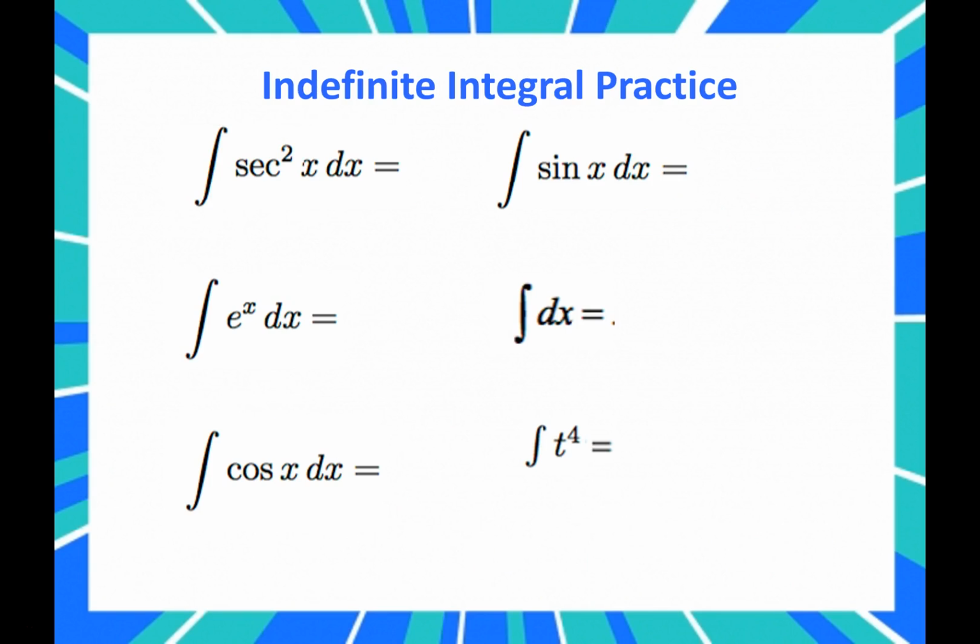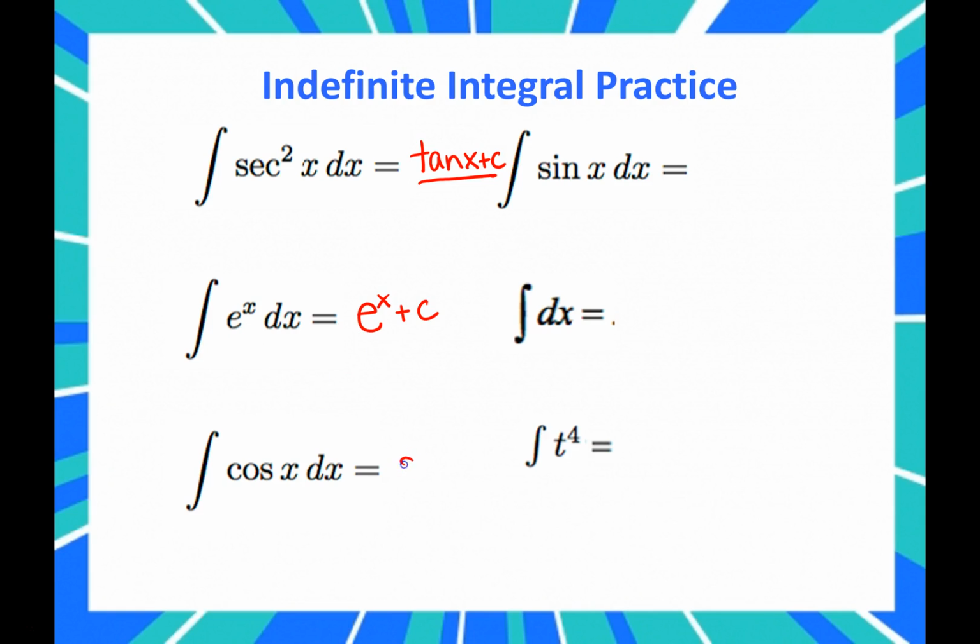Okay, what's the integral of secant squared x? Well, remembering our rules of trig, it's going to be a tangent x plus c, because the derivative of tangent x is secant squared. What's the integral of e to the x? Well, that's just going to be e to the x, because we know the derivative of e to the x is this. And then remember, on these trig ones, I usually just kind of guess with cosine and sine.